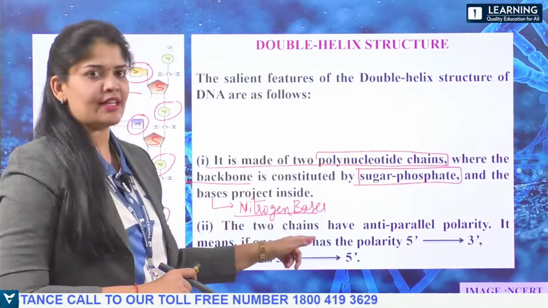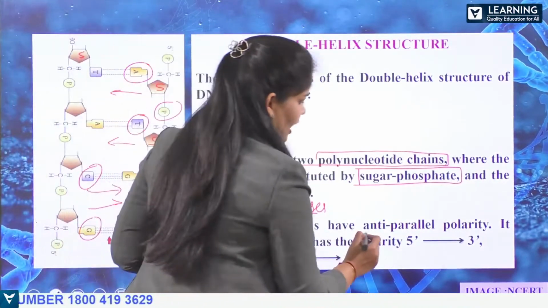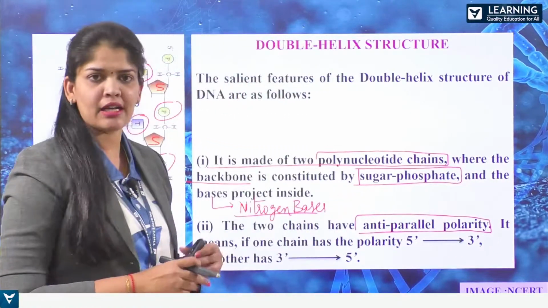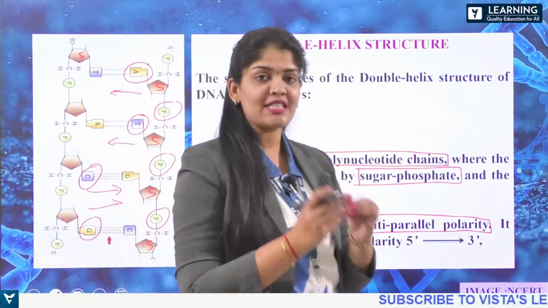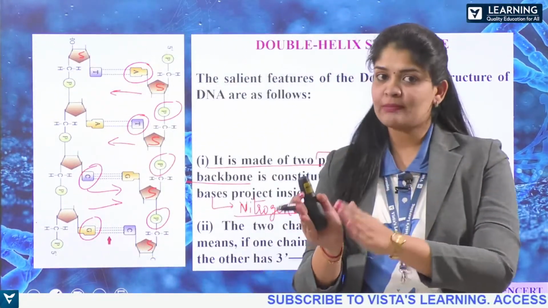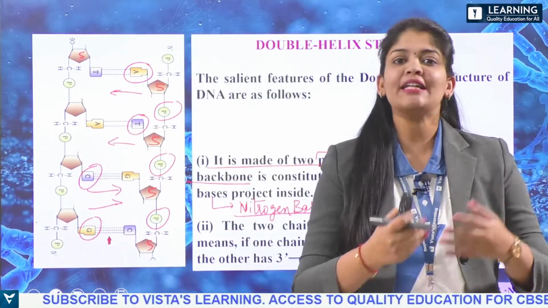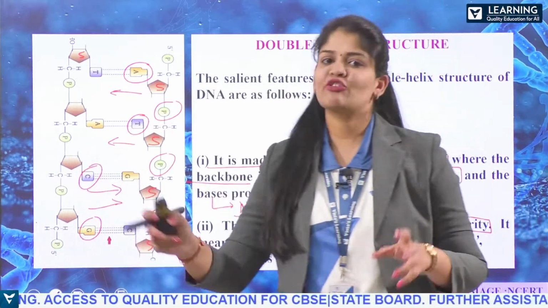So, the two polynucleotide chains have anti-parallel polarity. Anti-parallel polarity means one chain runs from 5 prime to 3 prime, whereas the other chain runs from 3 prime towards 5 prime.